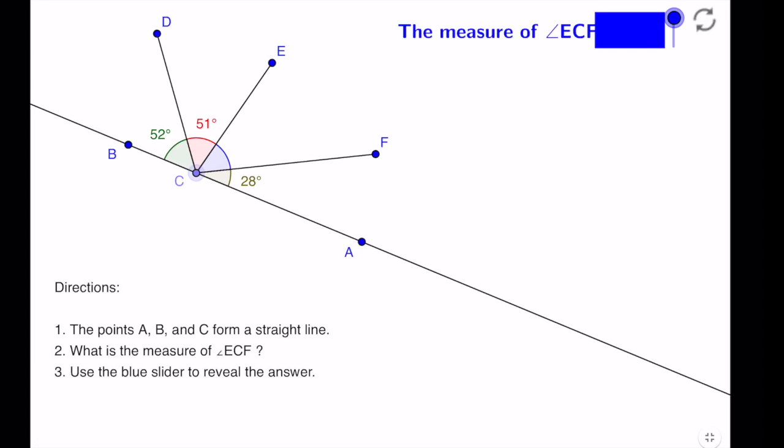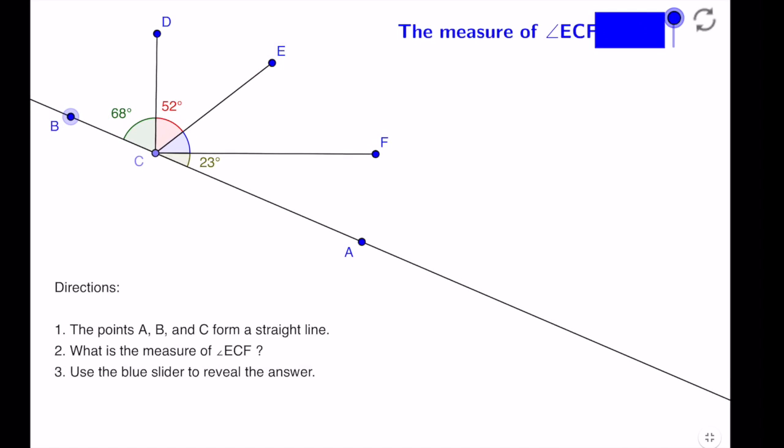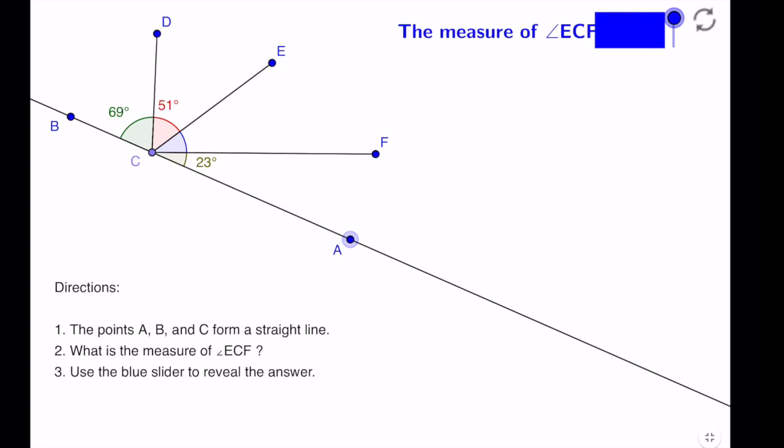Well, certainly you can, because you know that the entire arc from point A, if we had a protractor right here, and then we followed it counterclockwise to B, that it's going to be a total of 180. So to find out angle ECF, you can add up all the ones given and then subtract it from 180 to give us the answer. In this case, it would be 37 degrees.